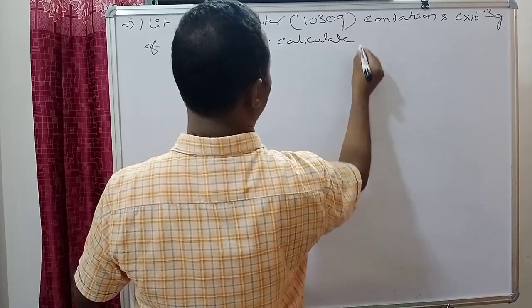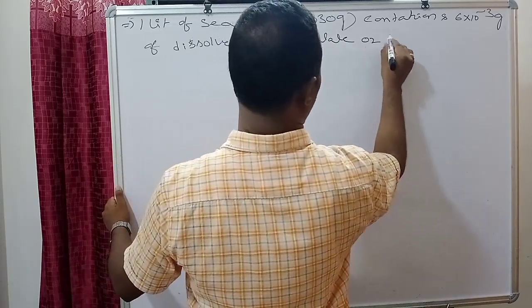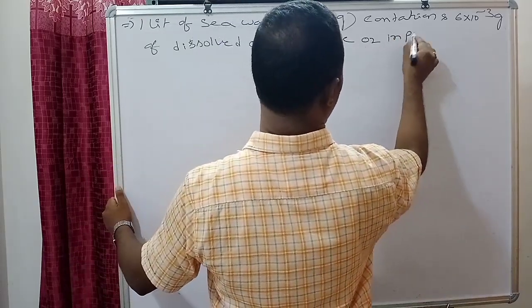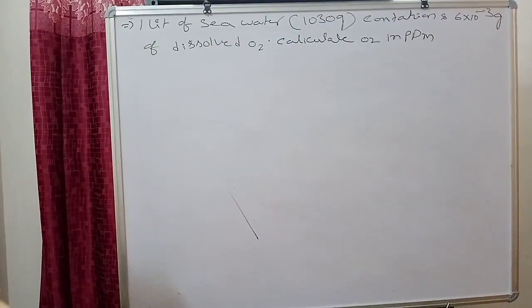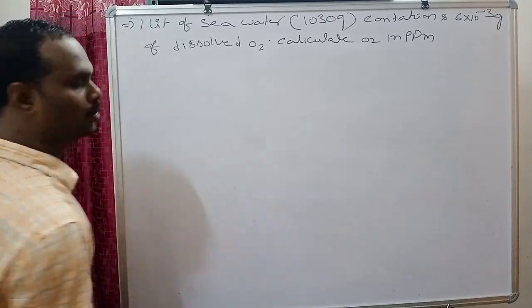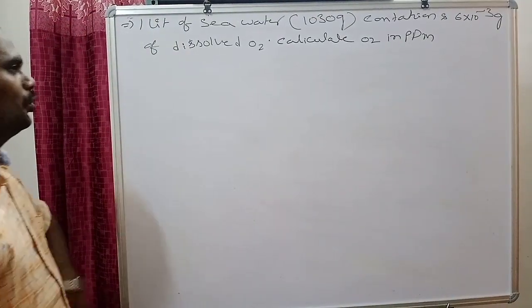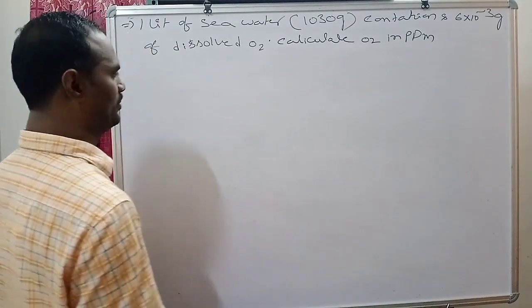Calculate O2 in ppm. We are going to calculate O2 percent in water in ppm, parts per million.